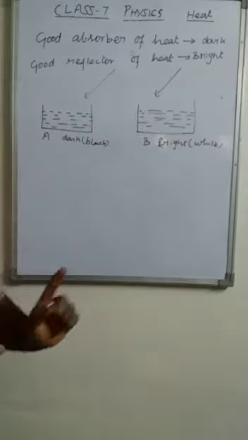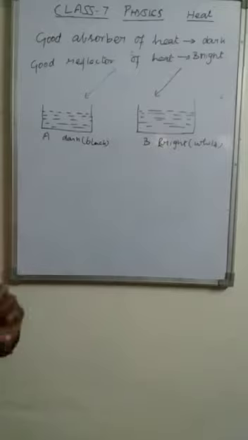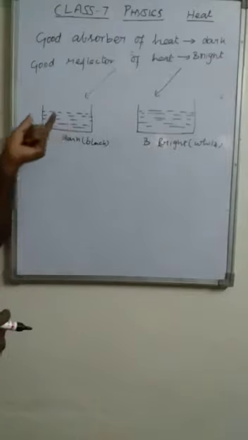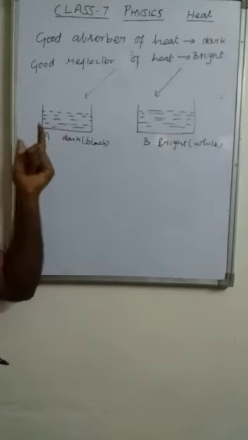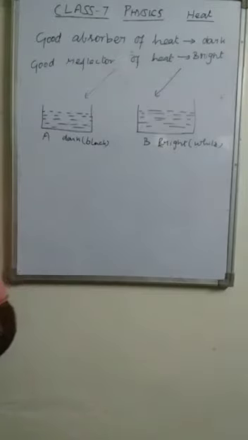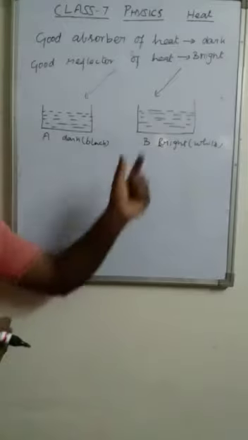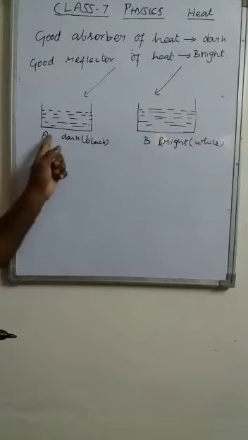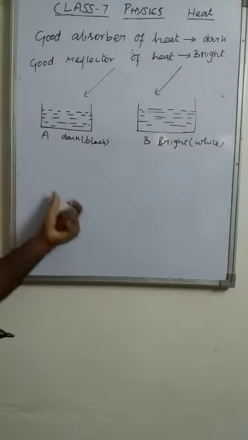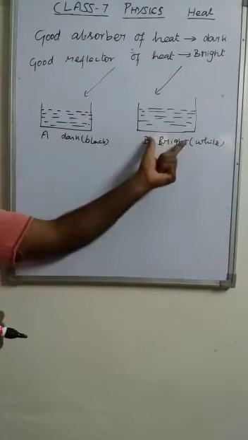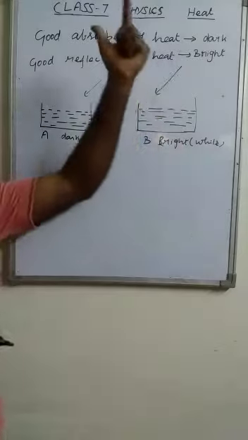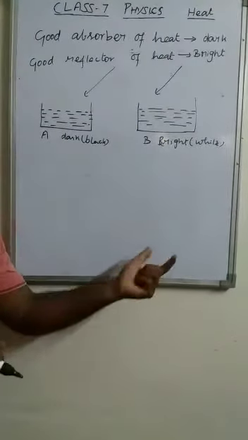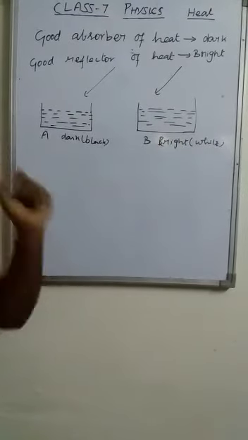The water kept inside the black colored container is hotter than the other one. It is because the dark color absorbs more heat and the bright white color reflects more heat. If it reflects more heat, the absorption will be less, so its temperature is less.